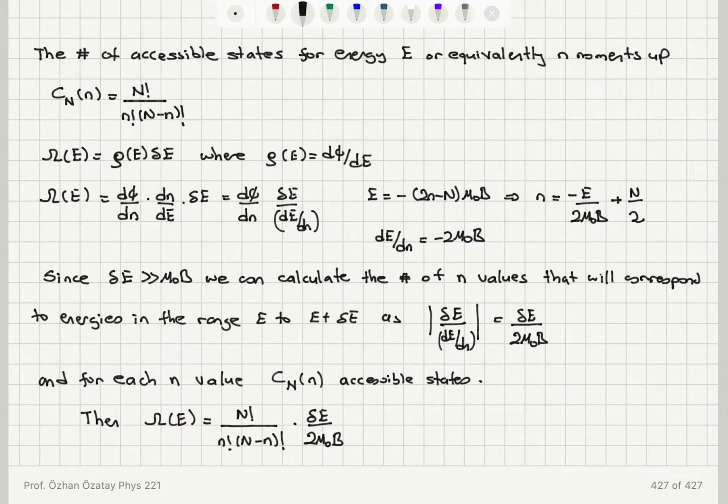When n changes by 1 or 2, by small amounts, the number of combinations doesn't change appreciably. So here we have an approximation basically.